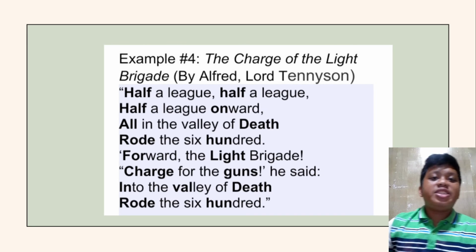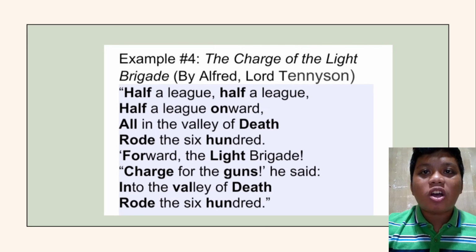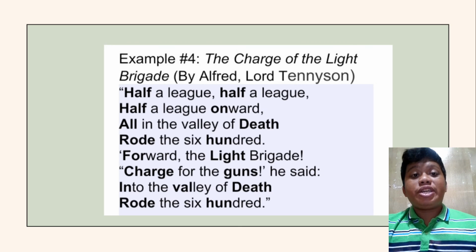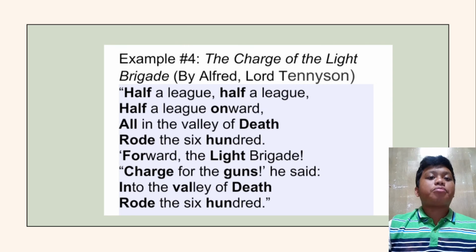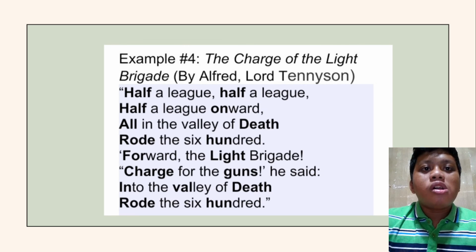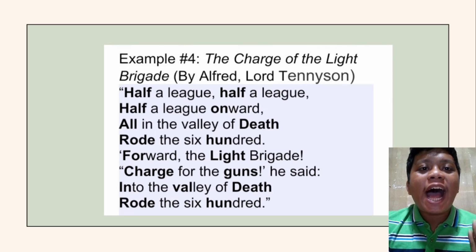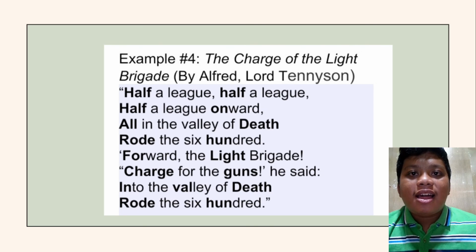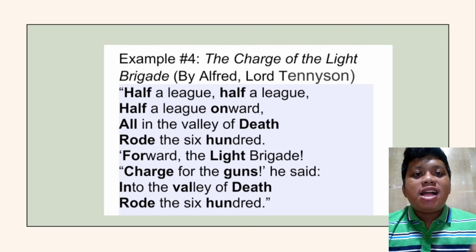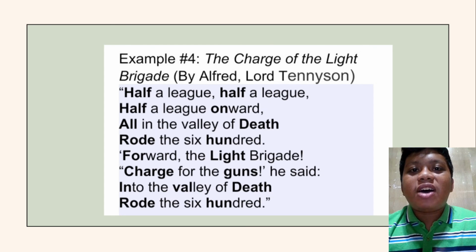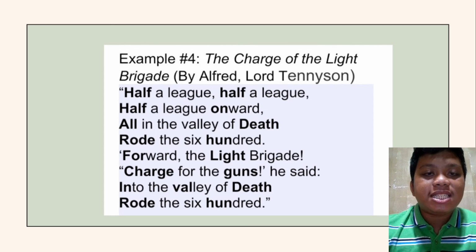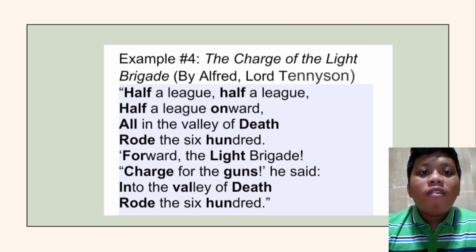Another example here is The Charge of the Light Brigade by Alfred, Lord Tennyson. Half a league, half a league, half a league onward. All in the valley of Death rode the six hundred.